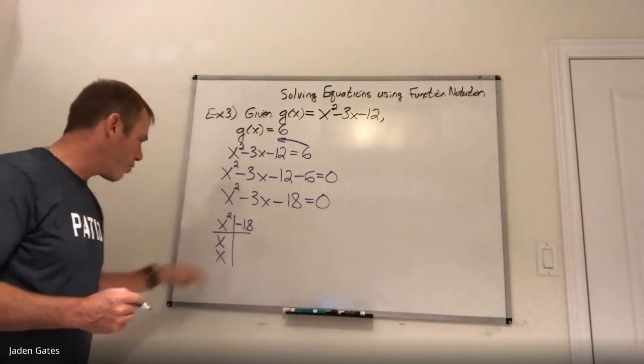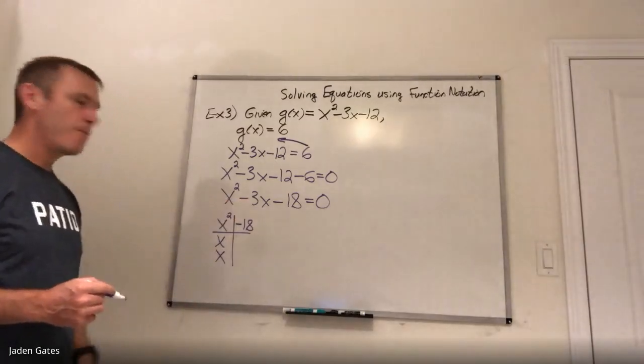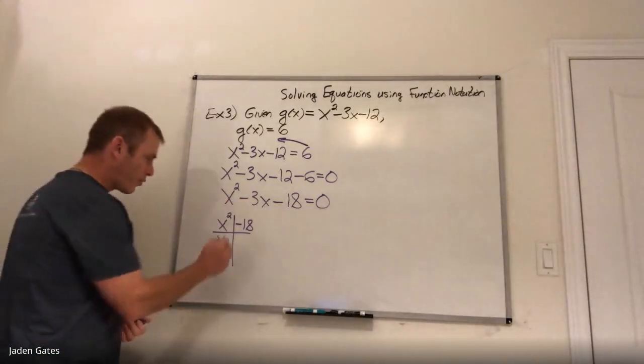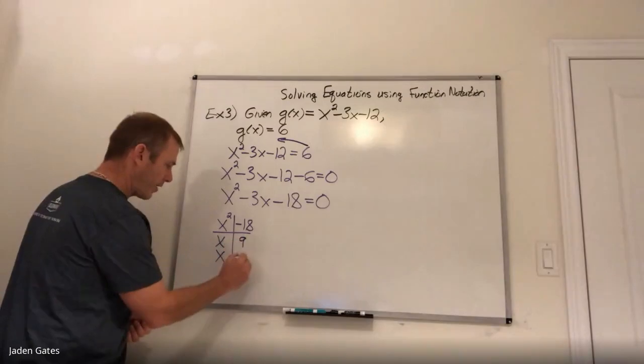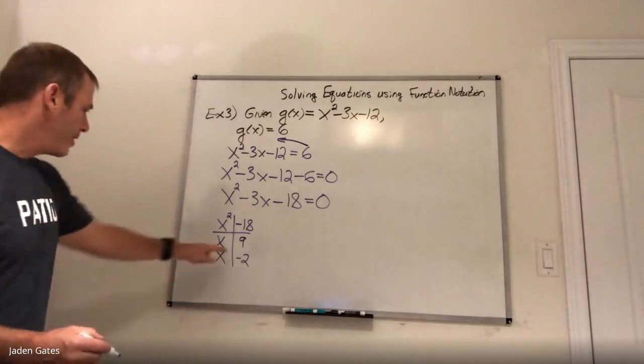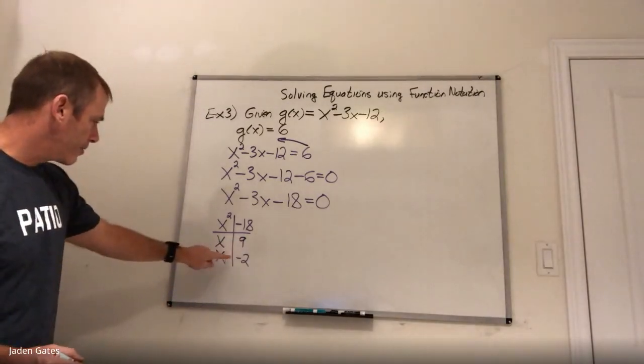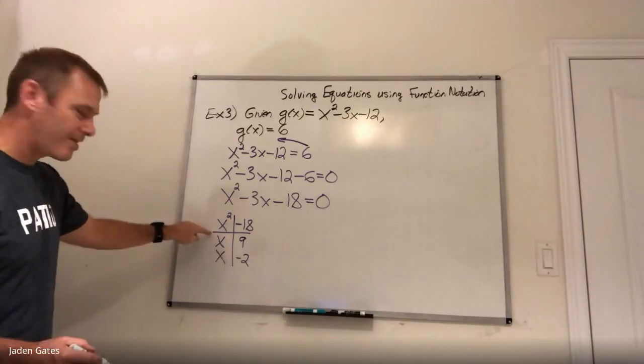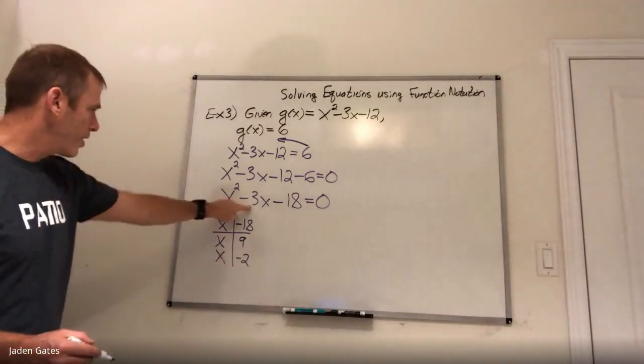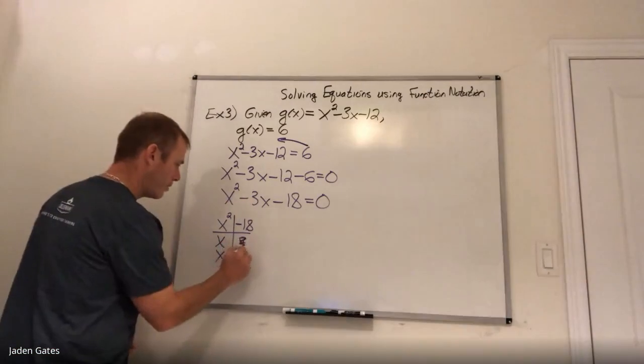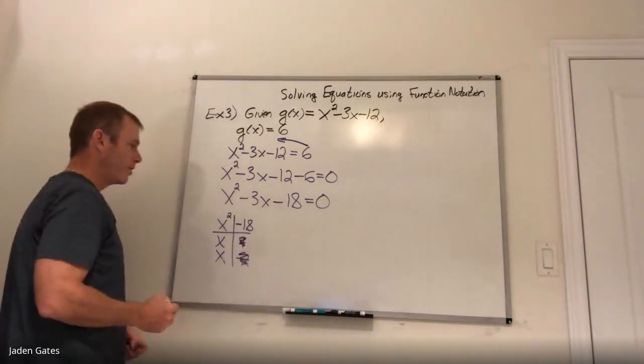And then when I do the crisscross and add, I get -3. So numbers I could try are like 9 and -2. 9 times x is 9x, but then I have minus 2x. Well, that's 7x. Not even close. So those aren't the numbers.